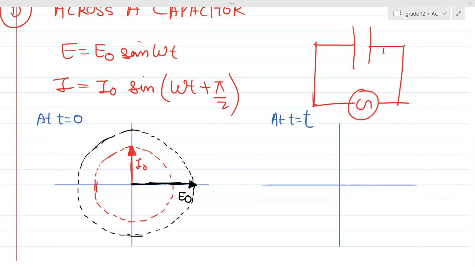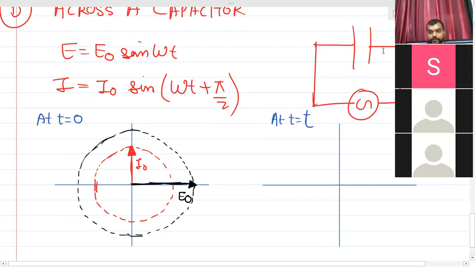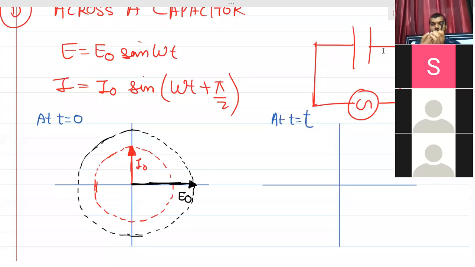People, can you see me? Everybody able to see this? Can you see the EMF? This is the black pen, and this is the red one, current. So basically, EMF is like this, I is like this. Can you see the angular velocity of both the rotating vectors is the same? Omega is the same, right?